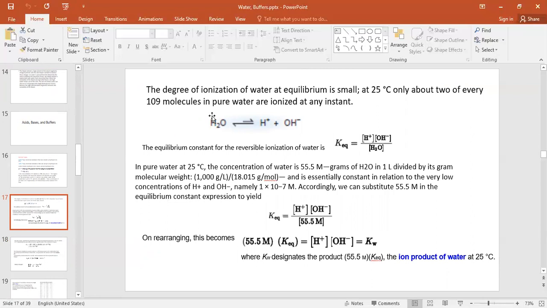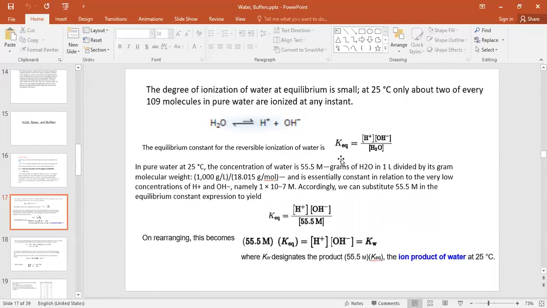You should know this from organic chemistry, and the degree of ionization of water at equilibrium is small. At 25 degrees Celsius, only about 2 of every 10 to the power 9 molecules, this is power, yeah, that is a typing problem, in pure water are ionized at any instance. Here you see dissociation of water and the dissociation constant. So the equilibrium constant for the reversible ionization of water is this.